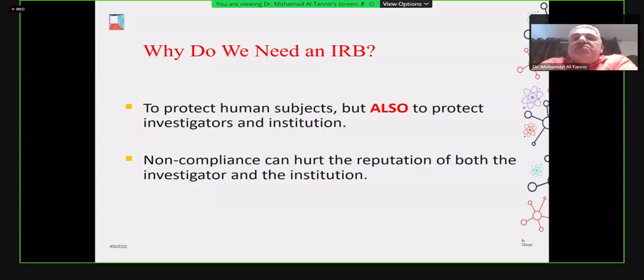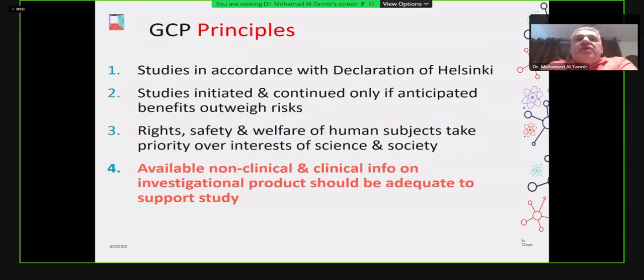So the IRB protects my patient by weighing risk and benefits before granting the approval, but also by well studying the proposal. And the IRB board should have qualified people in research, usually from different disciplines, in order to appraise and evaluate risks versus benefit. Non-compliance with IRB rules can hurt the reputation of both the investigator and the institution.